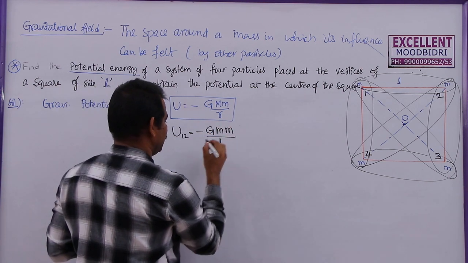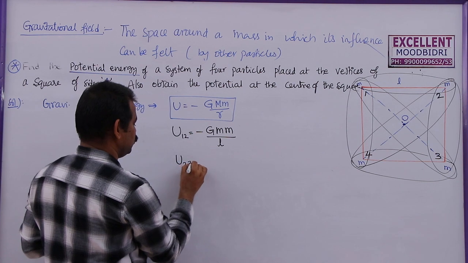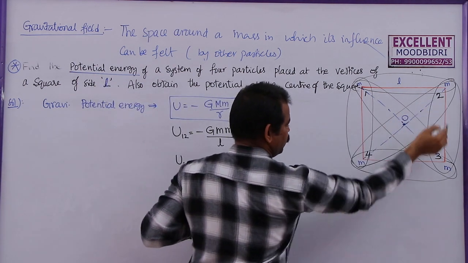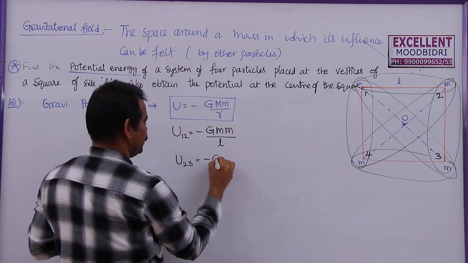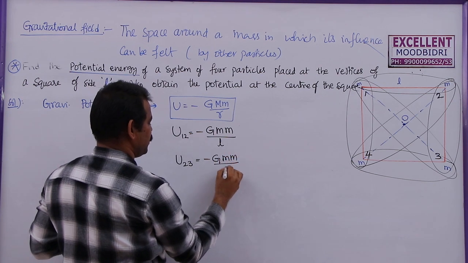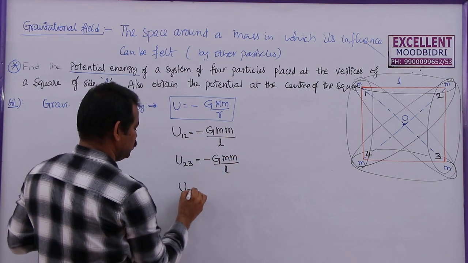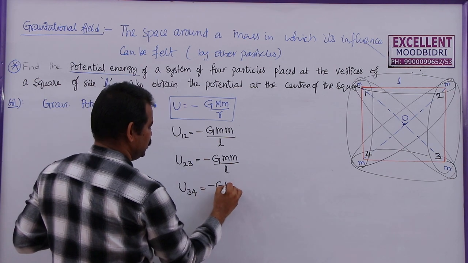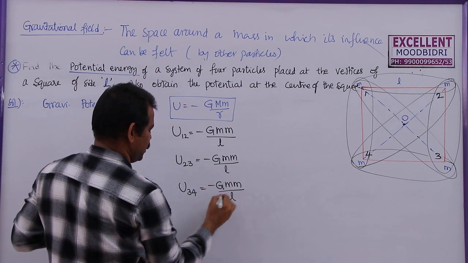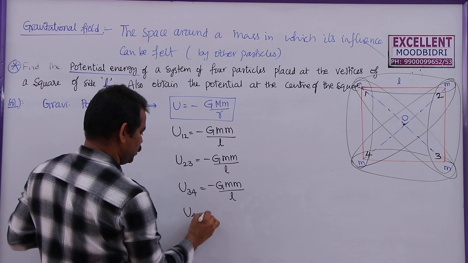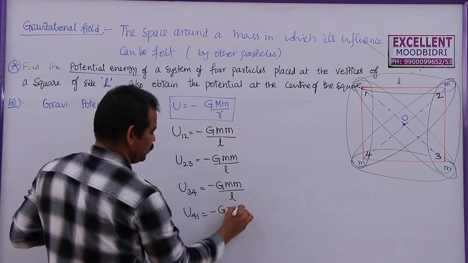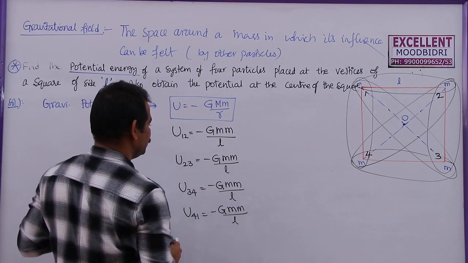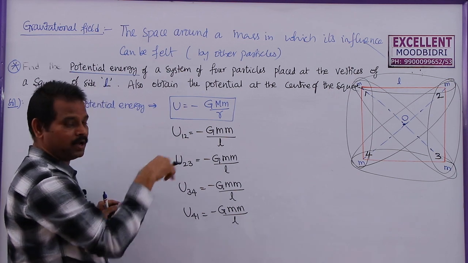Distance between these two is L. So for these two masses, this will be minus G m square by L. U 3, 4 is minus G m square by L, and U 4, 1 is minus G m square by L. So these are the four pairs at the four corners.